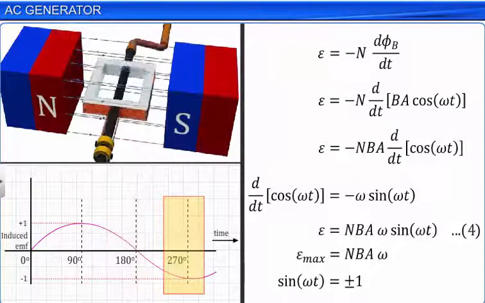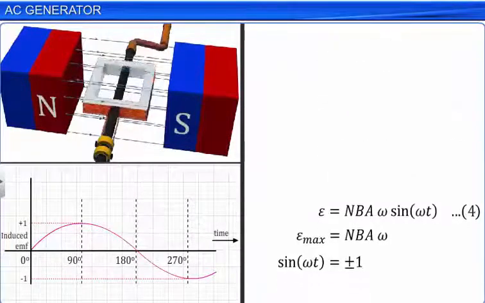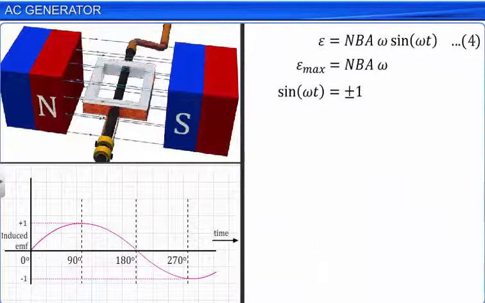This is because the change of flux is the maximum at these two angles of the coil. As the value of the sine function varies from +1 to -1, the sign or polarity of the EMF changes with time. Accordingly, the direction of the induced current changes periodically. For this reason, this current is called an alternating current.